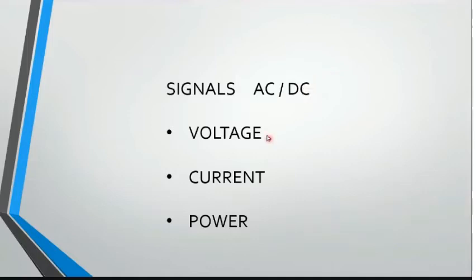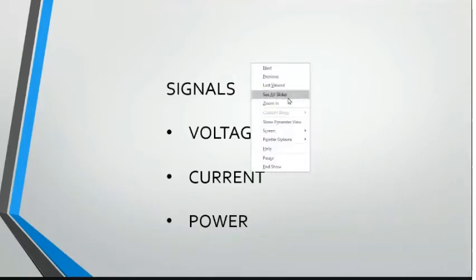Similarly, you can have DC voltage, DC current, and DC power. Whether the signal is AC voltage or AC current or AC power or DC voltage or DC current or DC power, you can increase the size or the strength of the signals. That means you can amplify the signals by some particular means.